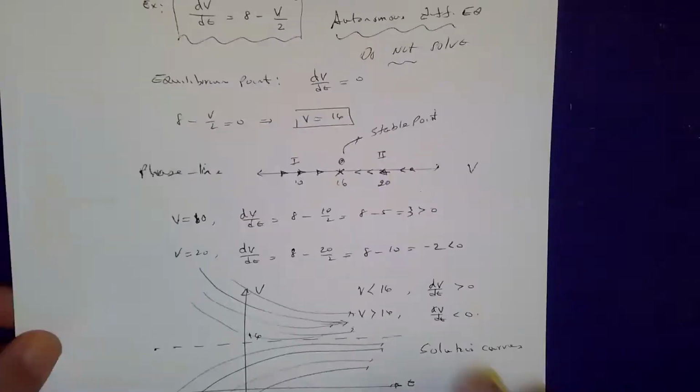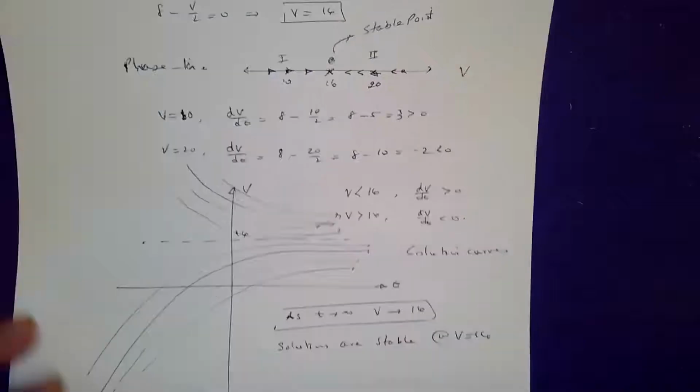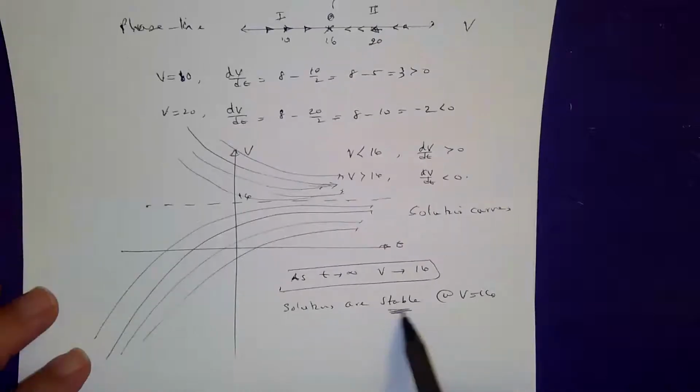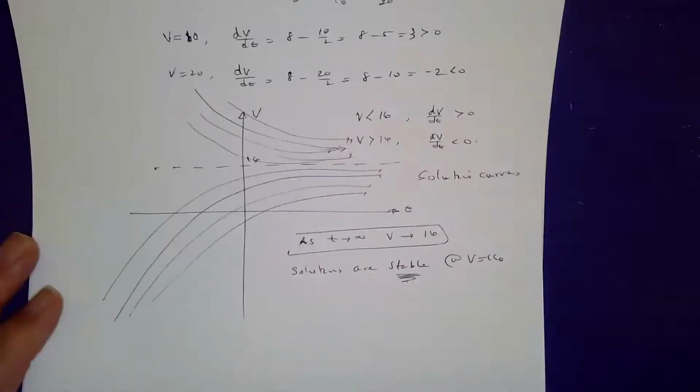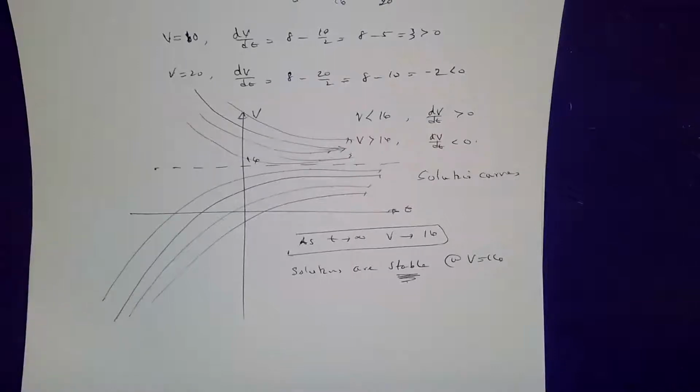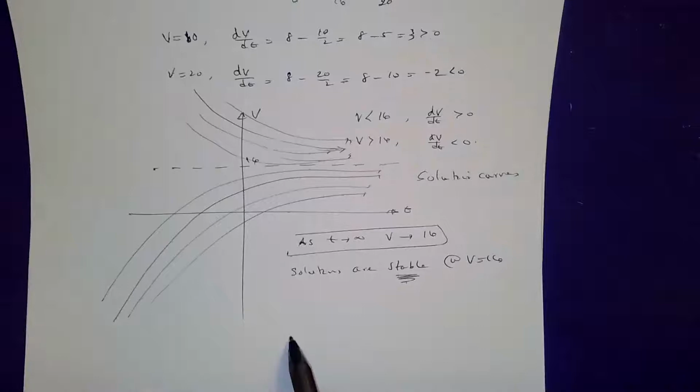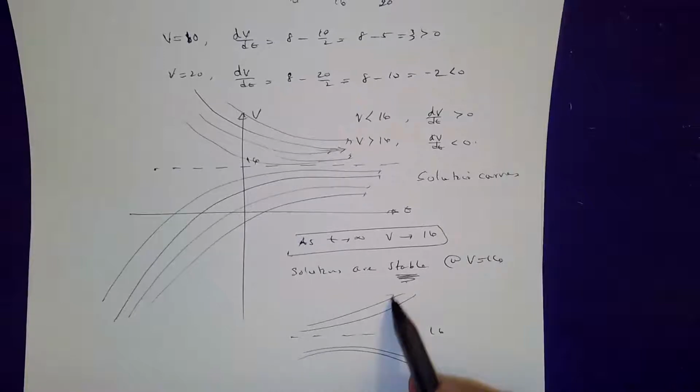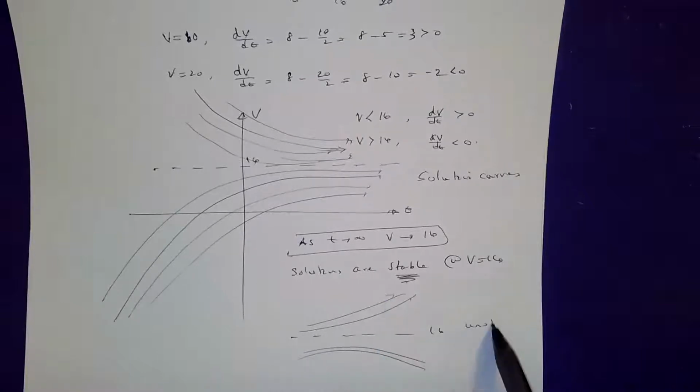Just for inspection, draw some solution curves and tell us whether the system is stable, unstable, or half stable, half unstable. Yes? So if you have, let's say, 16, and the curves go like this, this would be unstable, correct?